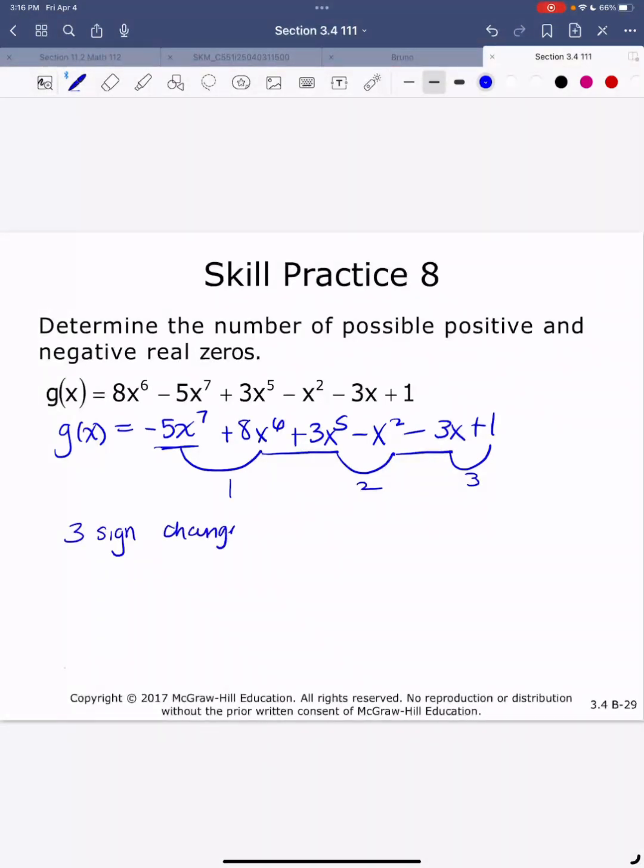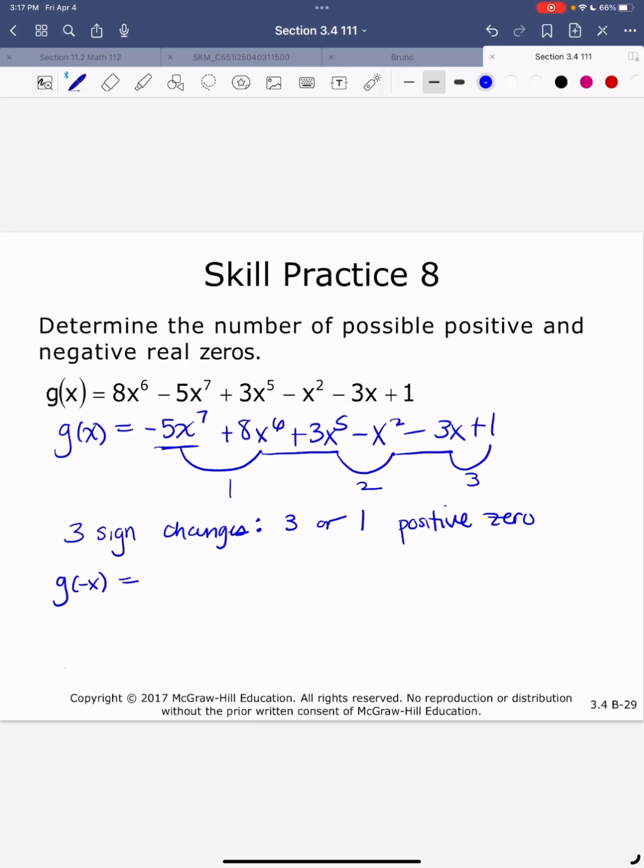And by that, I know that I'm going to have 3 or 1 positive zeros. Now notice that I said 3 or 1. That 1 is 2 less than 3. So we always want to subtract by 2 from our highest starting number until we hit 0. Let's see what happens when we take g of negative x.